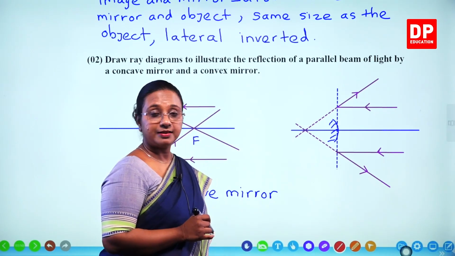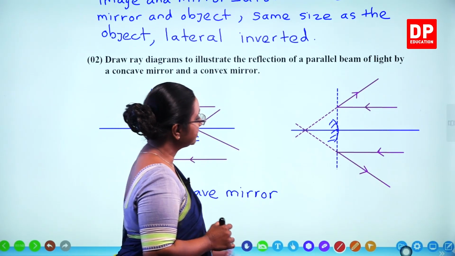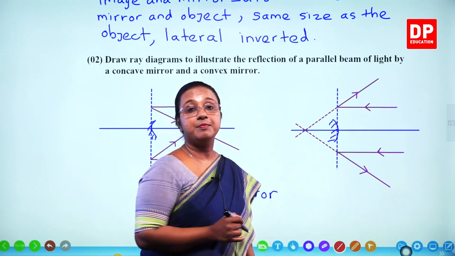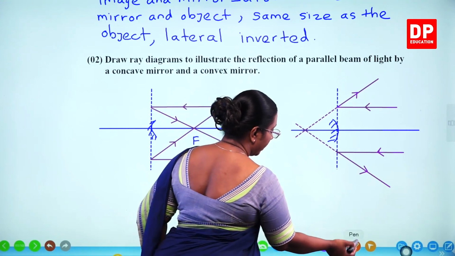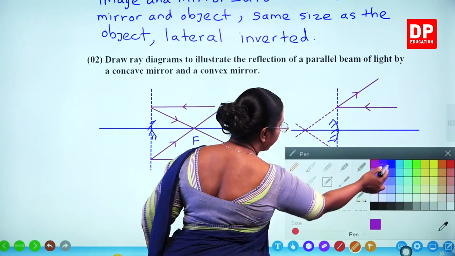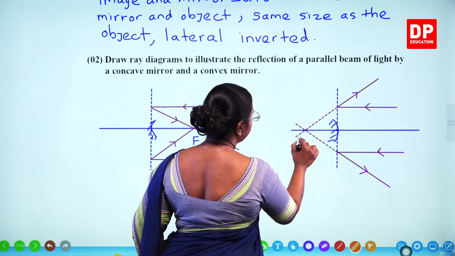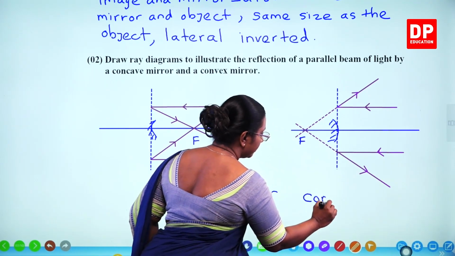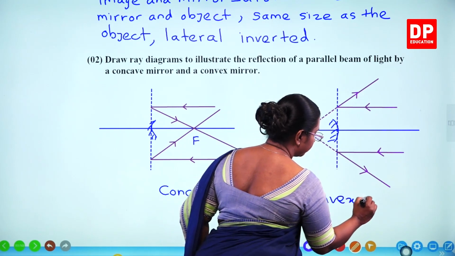The rays that come parallel to the principal axis get diverged, but when you extrapolate them, they meet at this point. And what do we call that point? That is the focal point of the convex mirror. This is the convex mirror.